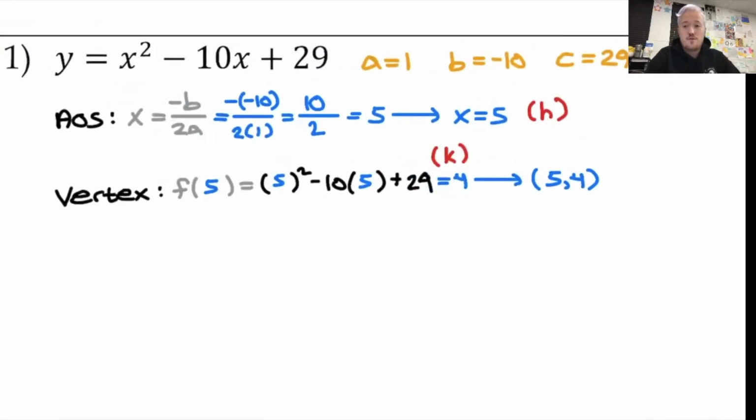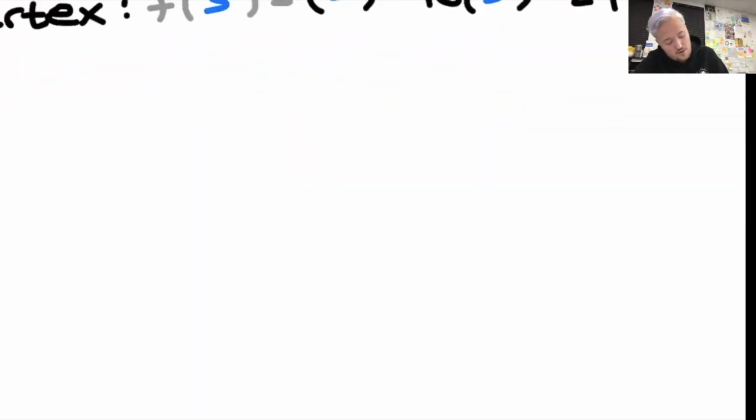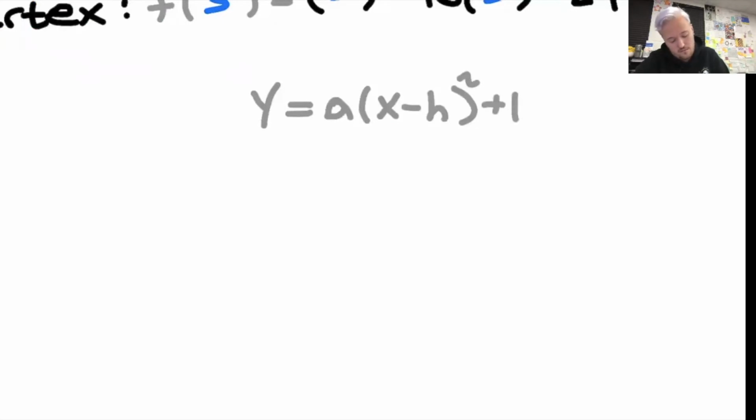Now we want to use our A, H, and K values, and we want to write it in vertex form. I'm going to start with the general vertex form: a parentheses x minus h all squared plus k. Remember, we're only going to plug in for your A, H, and K, nothing else.